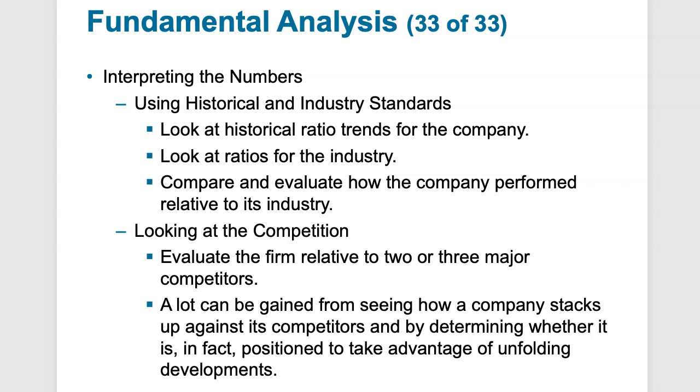As far as the industry ratios, you want to see: is your company's set of financial ratios better than the average company within its industry? So that's why I developed an industry average, so you can quickly look at your company's level versus what they have in the industry. So you want to evaluate that competition. The more competitors you can have, the better, but you would want a small subset of very similar competitors.